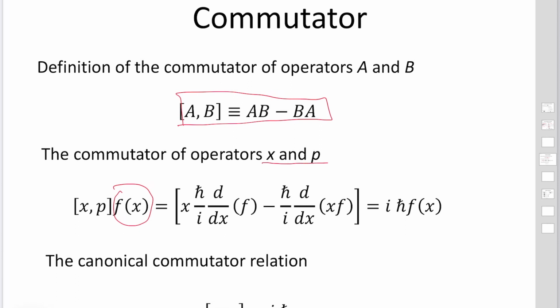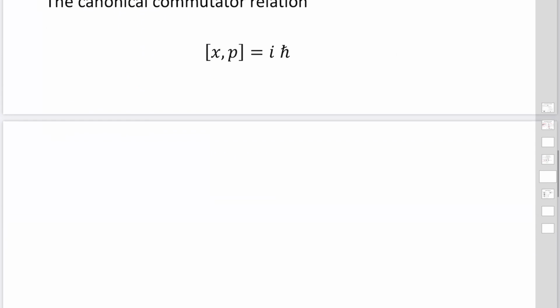And we'd like to find the commutator of x and p. So I'd like to show you the commutator of x and p. Then add the trial function f(x). Then this part is xp minus px acting on f(x).